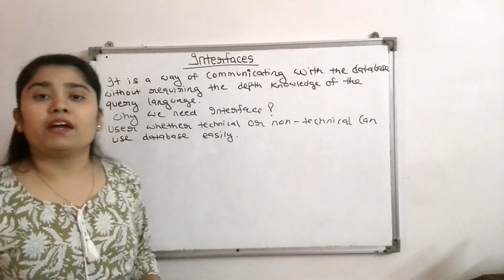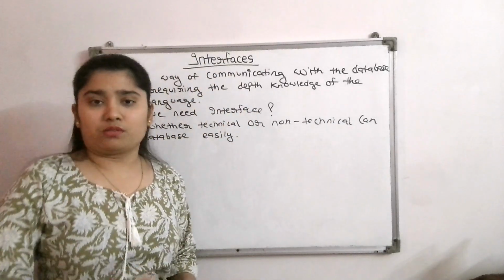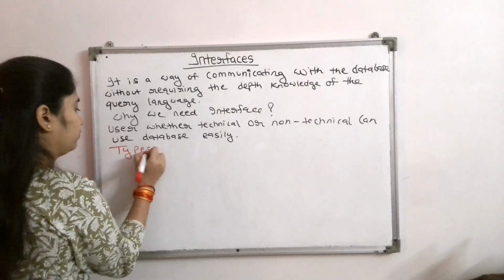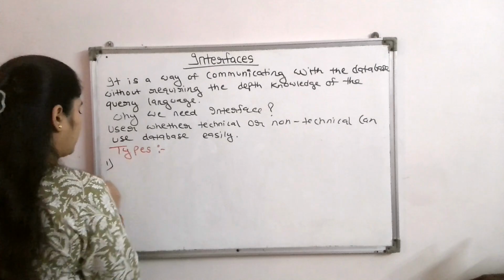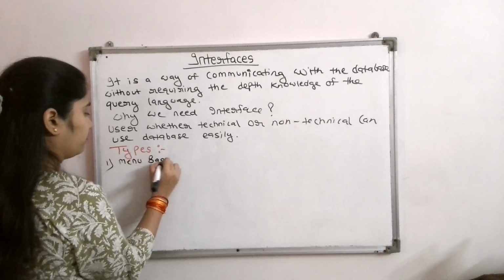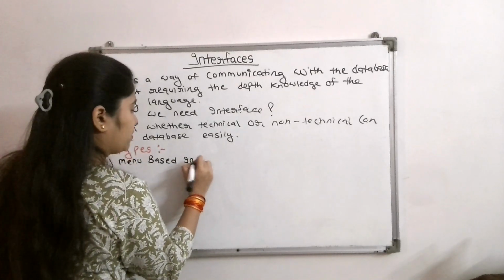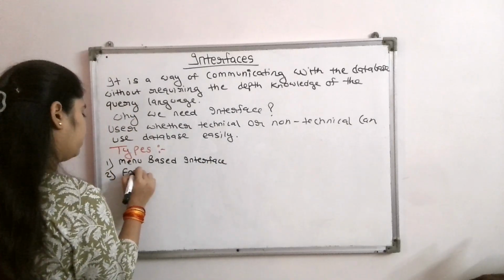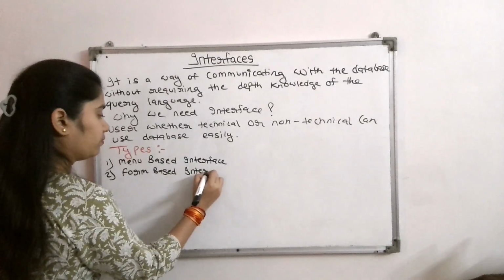So now let's discuss the interface types. There are several types of interfaces in the DBMS. Let's see the names. First is the menu based interface. Second, form based interface.